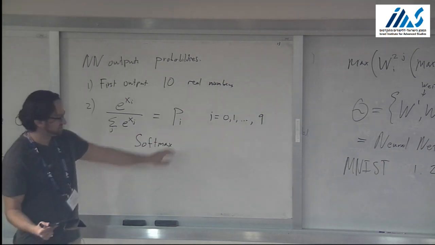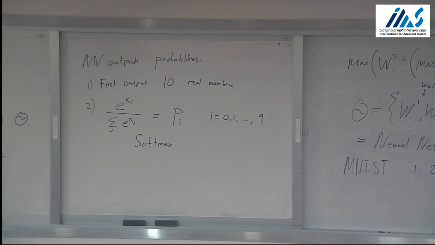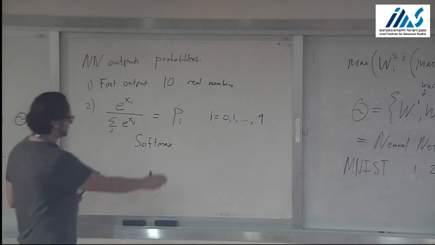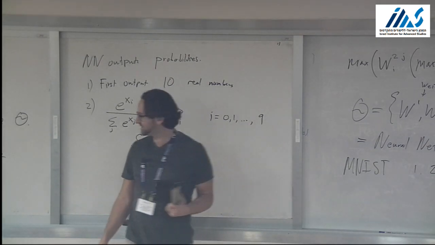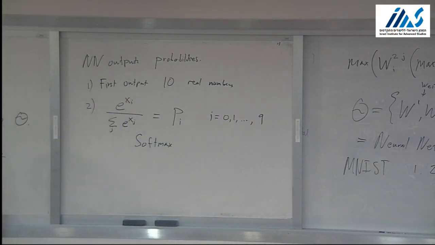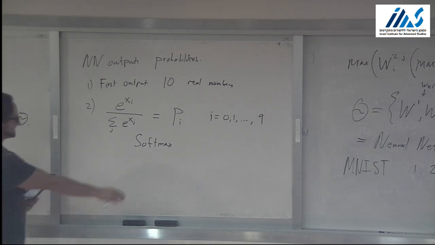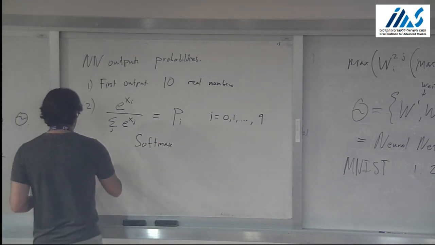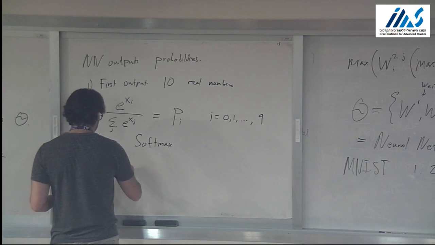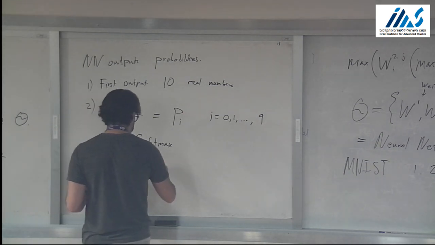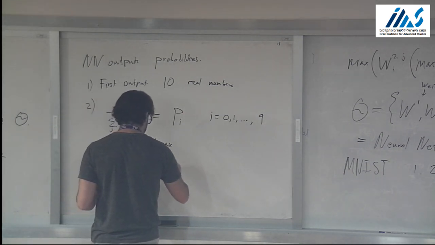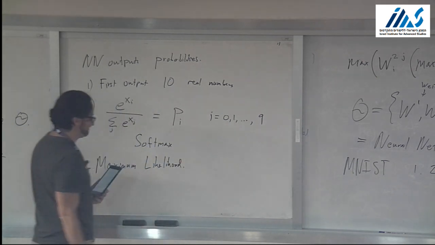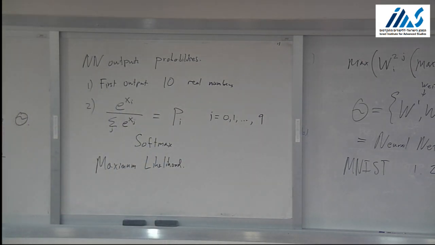I can learn these probabilities, and then I need to figure out what my loss function is if my output is a set of probabilities. If it's just a real number, then I can do this kind of naive curve fitting. But if my output is instead a set of probabilities, a thing I can do is maximum likelihood. So what do I mean by maximum likelihood?